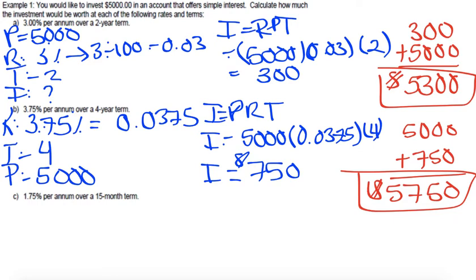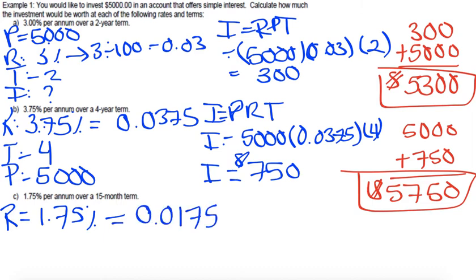Now let's take a look at what happens if I change my R value to 1.75%. I want to turn that to a decimal, so I'm going to divide by 100 and get 0.0175. And I want it over 15 months, so T is equal to 15 months. Now, that does me not a whole lot of good because I need it in years.